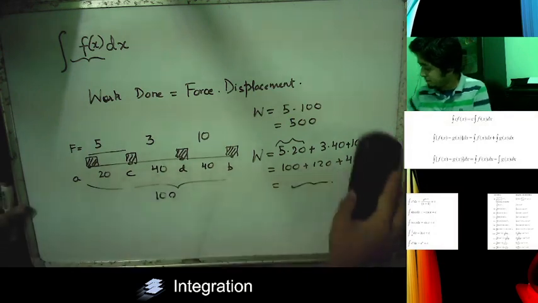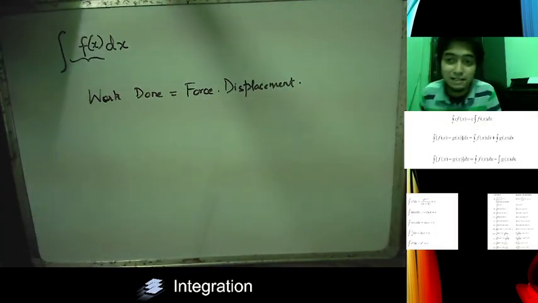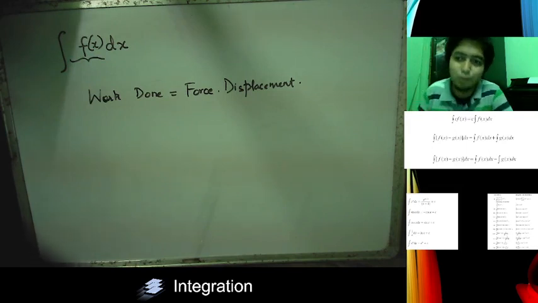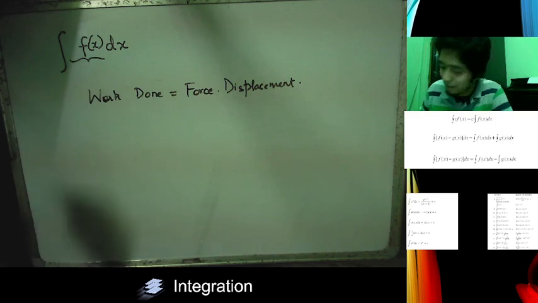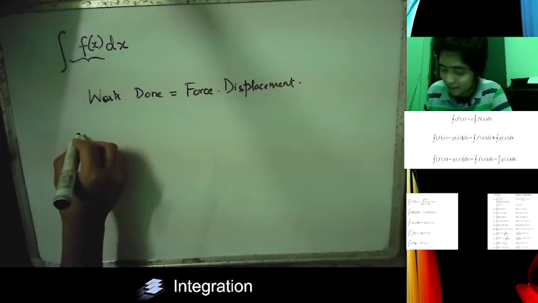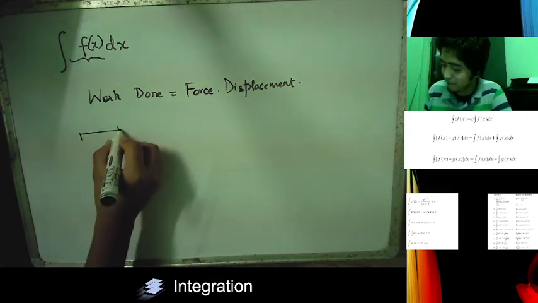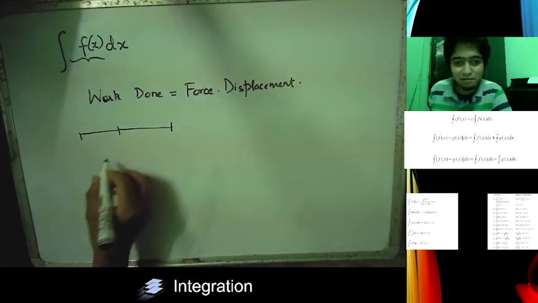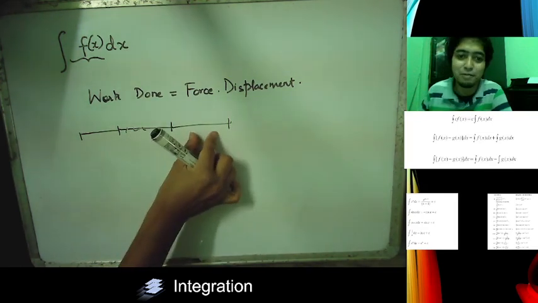But again, like I said, the force that we are applying may not be constant throughout. That is, it changes continuously. In that example, we applied a constant force from here to here, then another constant force from here to here, and then another from here to here.